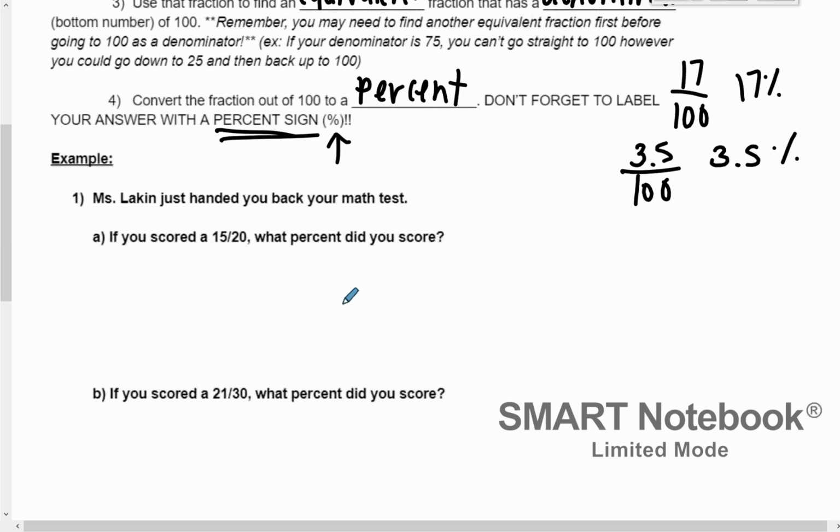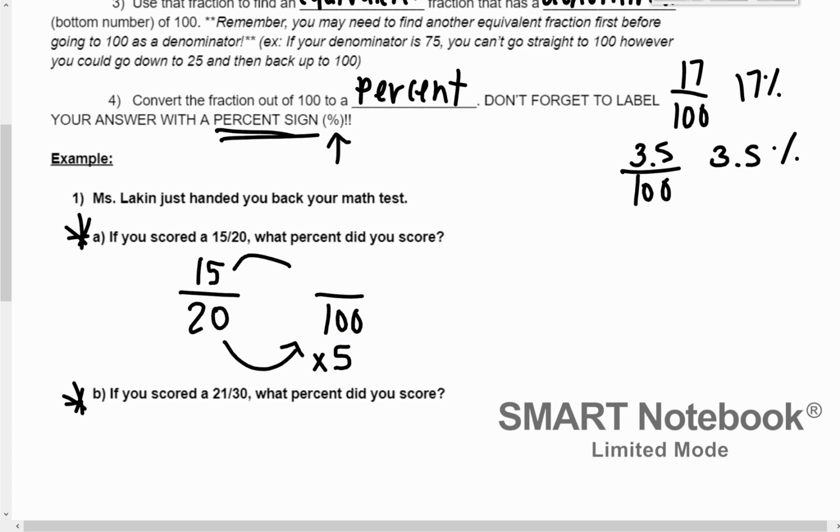Miss Lakin just handed you back your math test. We have question A and question B. Question A says, if you scored 15 out of 20, so they already gave us, okay, the fraction, what percent did you score? We want to get this to 100, okay. Can we go straight from 20 to 100? Yes, we can. We multiply by 5.